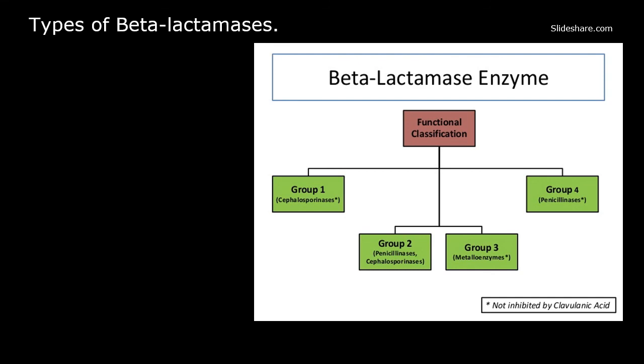Another point is that they are not inhibited by clavulanic acid. Clavulanic acid is also used in combinations for treating these beta lactamase enzyme producing bacteria, but these enzymes are not inhibited by clavulanic acid, so you need another strategy for treating these. Okay, so everything we will study in another video.